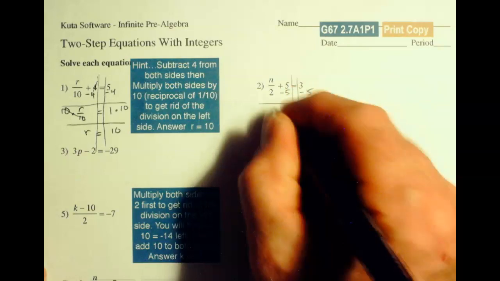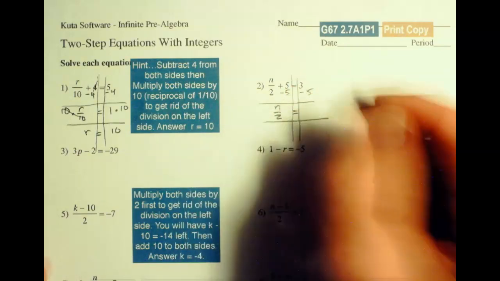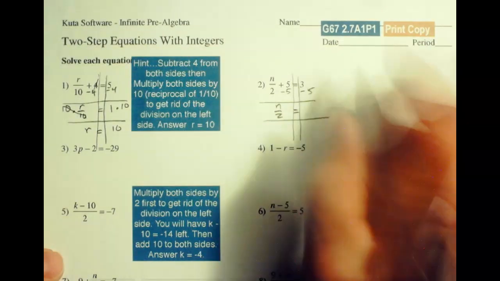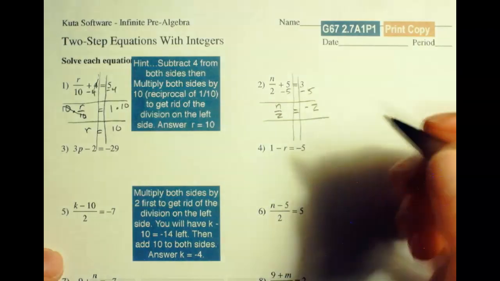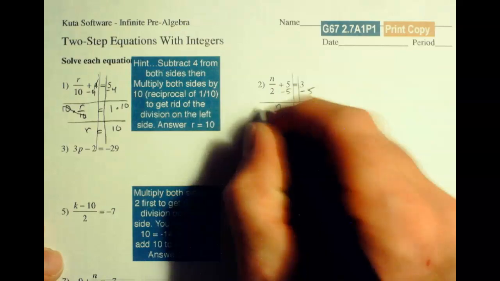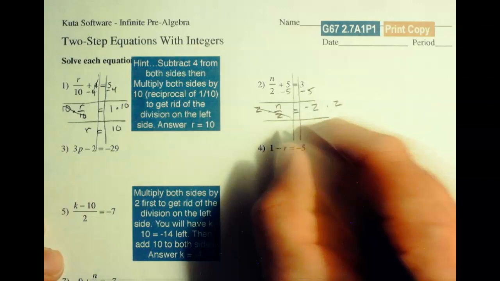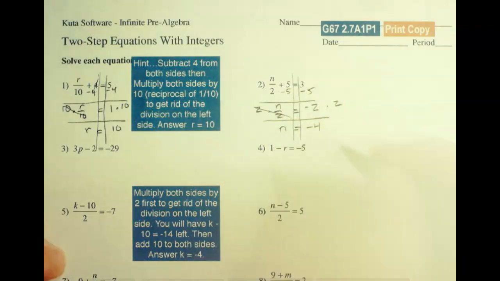So I've got n divided by 2 equals 3 minus 5 is negative 2. Okay, so now I got to get rid of divide by 2, so I'm going to multiply by 2 on both sides. My 2's cross off. I've got n equals negative 4.